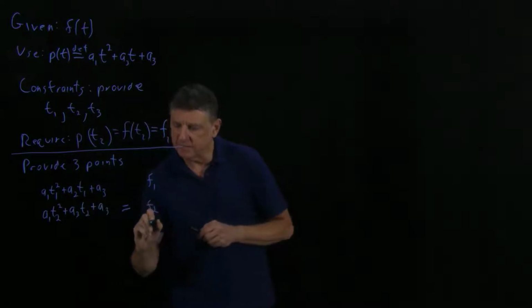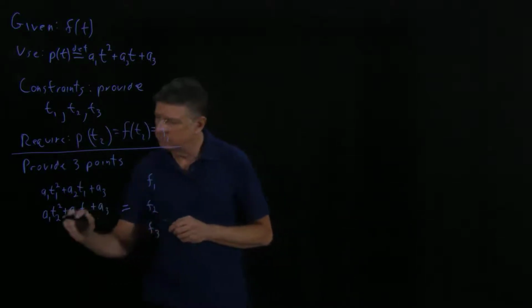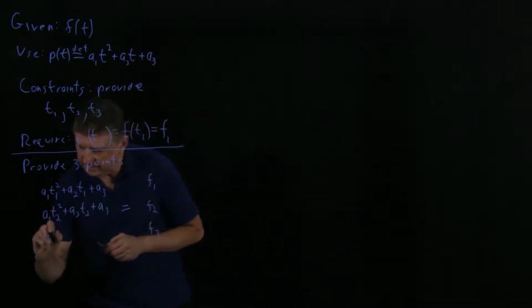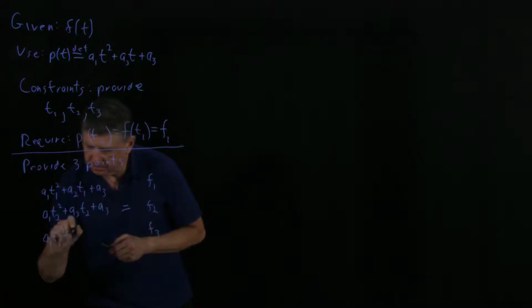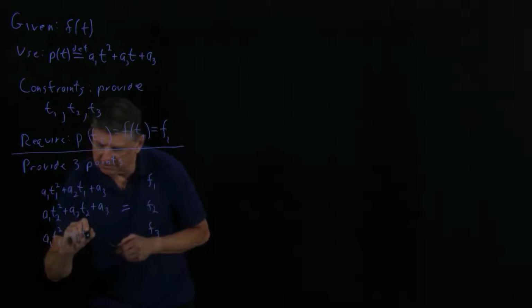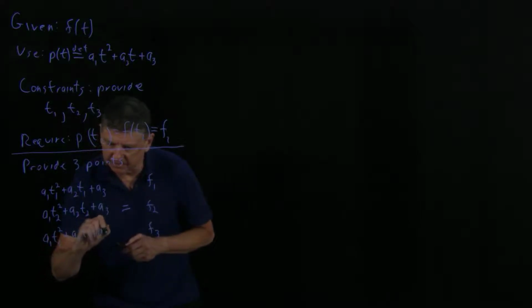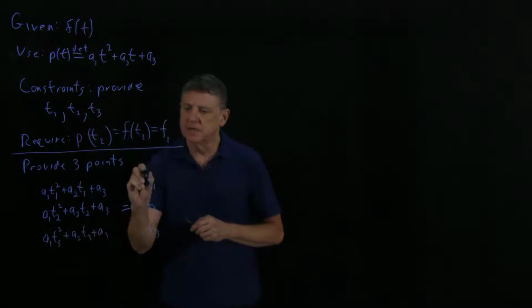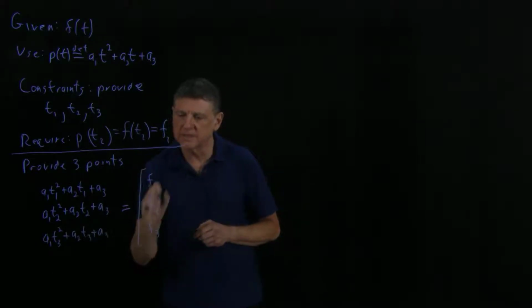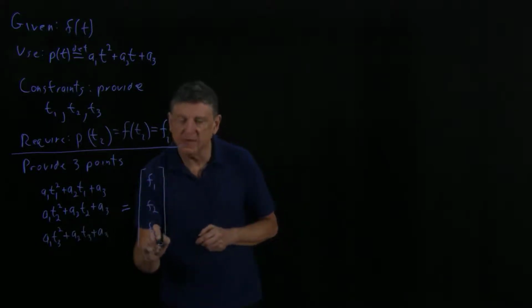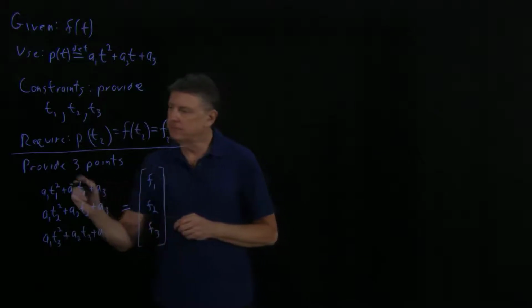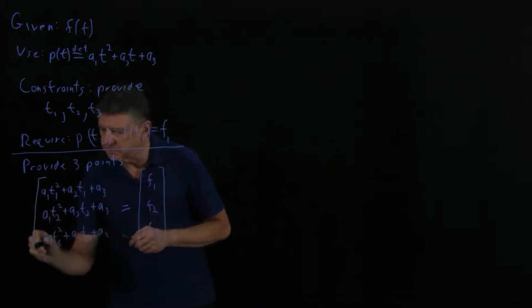And when I evaluate that at the third point, this will be A1 times T3 squared plus A2 times T3 plus A3. And I can see that instead of having three equality signs, I can gather these values into a vector.